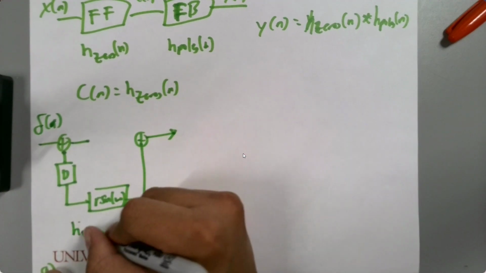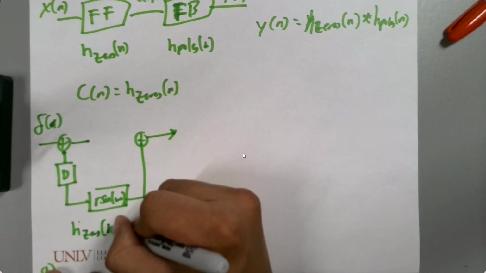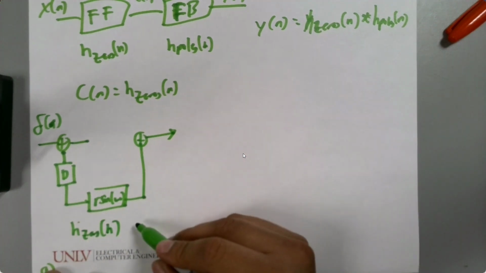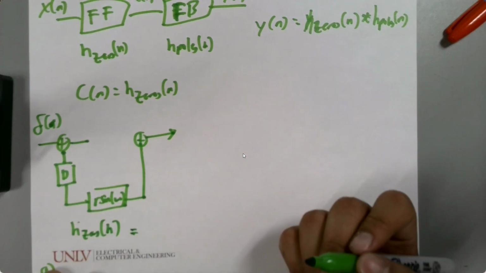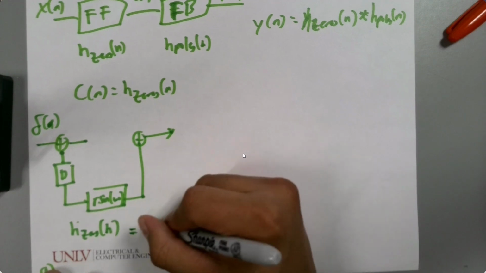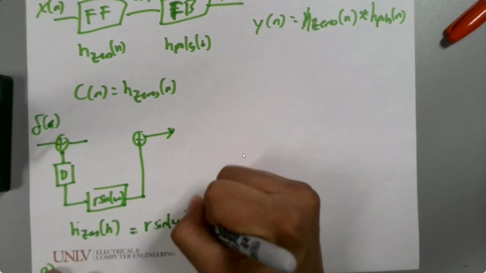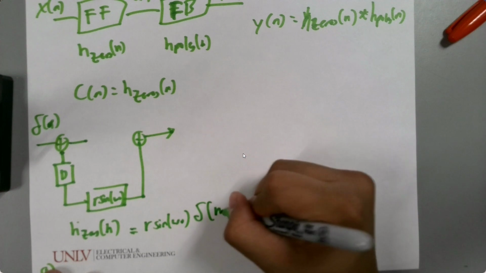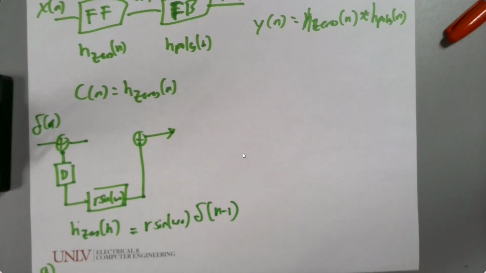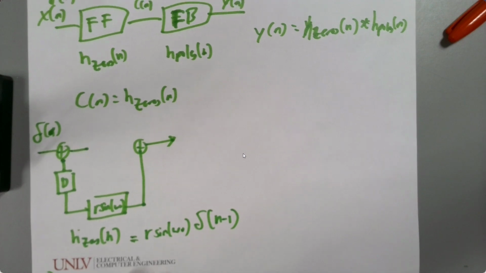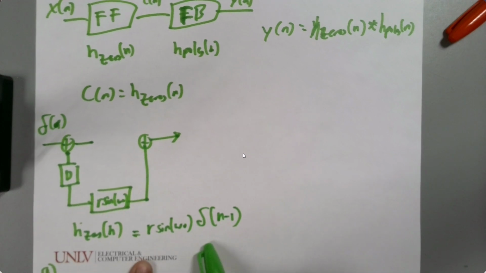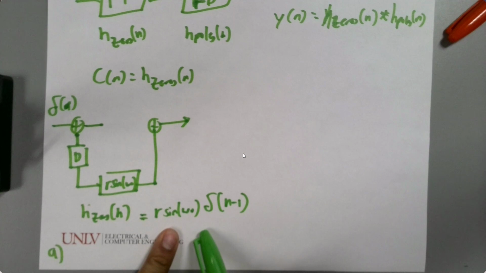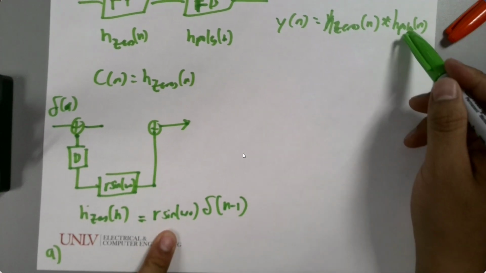What is h of zeros? Does that make sense? You getting it? All straightforward, right? So this is our new signal. This signal is going to convolve with our poles.